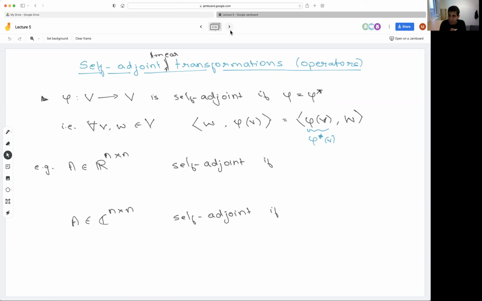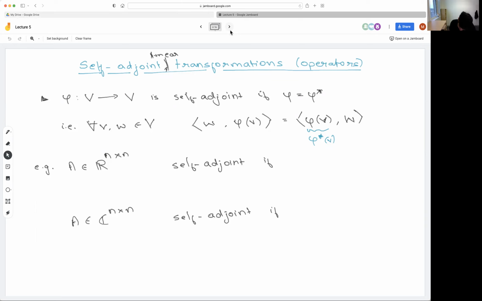Quick question. Yeah. If you write the self-adjoint definition as W comma phi v equals phi of v comma W, this means that the inner product entries have been switched, meaning that the conjugate inner products are defined. Oh, sorry. Yeah, you're right. My bad.